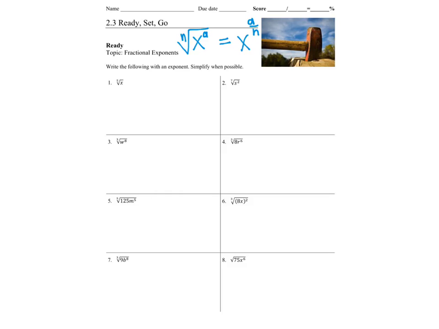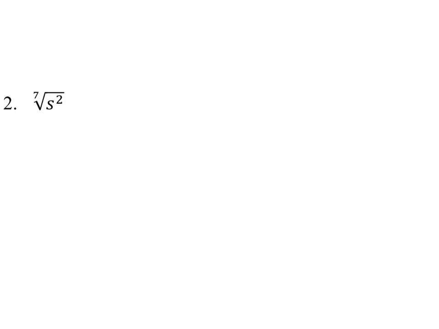So I'm going to go over just a couple of them to give you some help in getting started on these problems. So number 2, I have the 7th root of s squared. So remember, once again, I said that the nth root of x to the a is just x to the a over n.